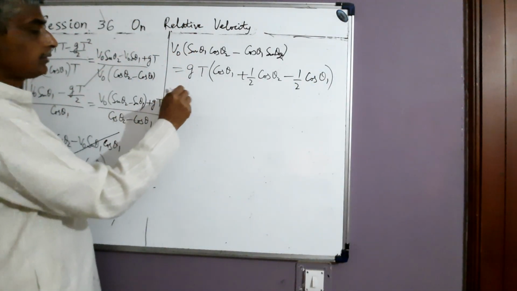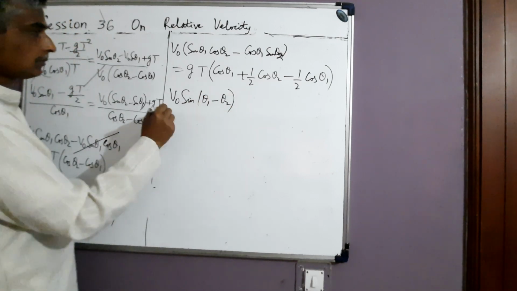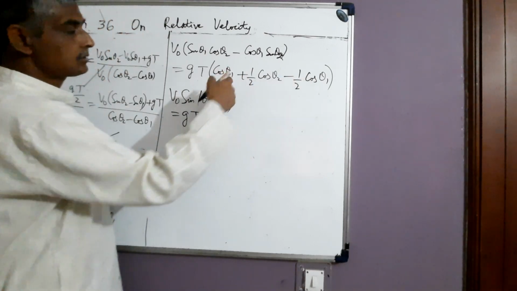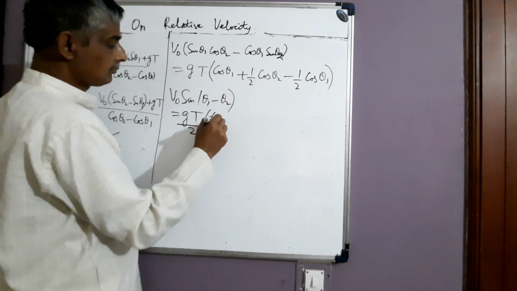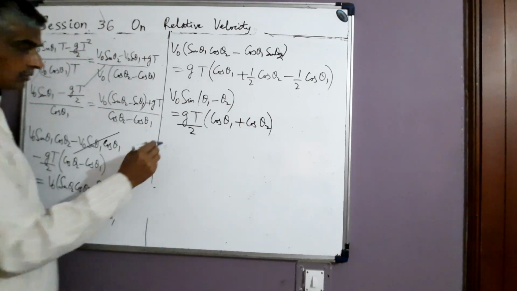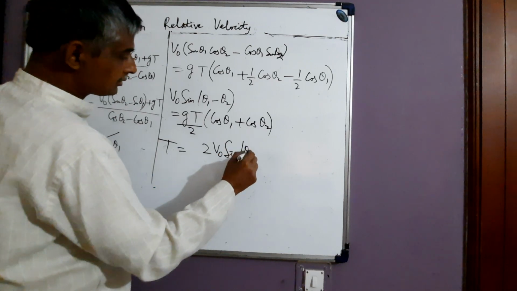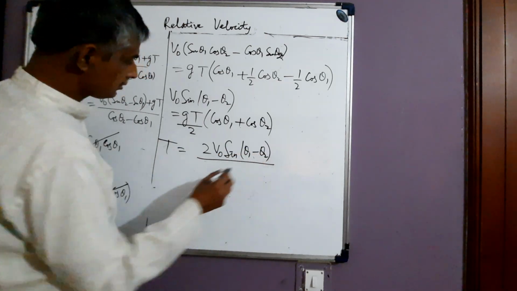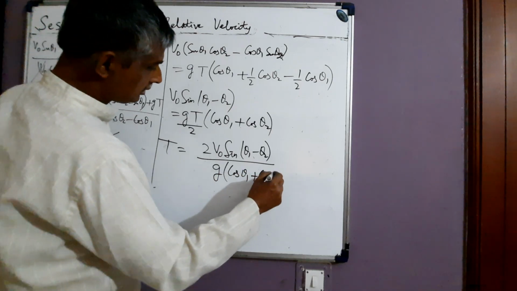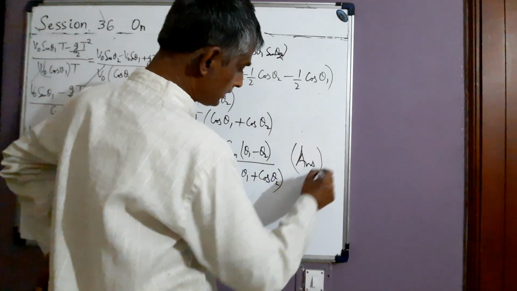So this becomes V naught sin theta 1 minus theta 2 equals gt, and this becomes half cos theta 1 by 2 common, cos theta 1 plus cos theta 2. So on solving the problem, T becomes 2 V naught sin theta 1 minus theta 2 by g times cos theta 1 plus cos theta 2. This is therefore the required answer.